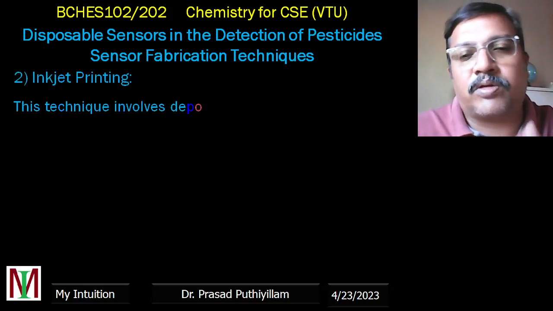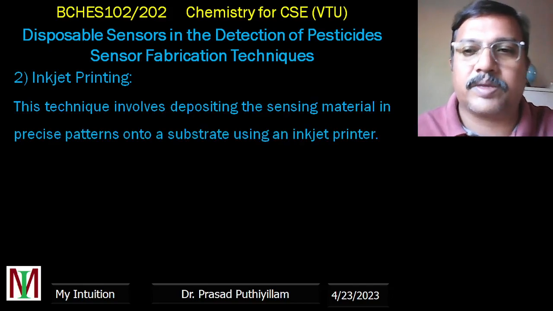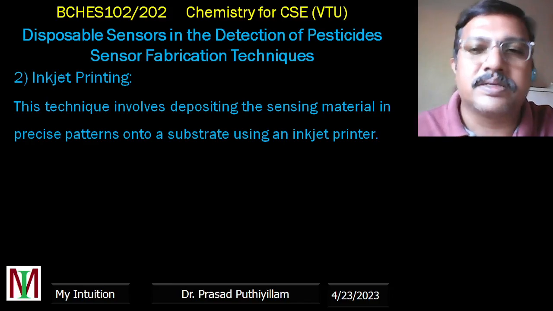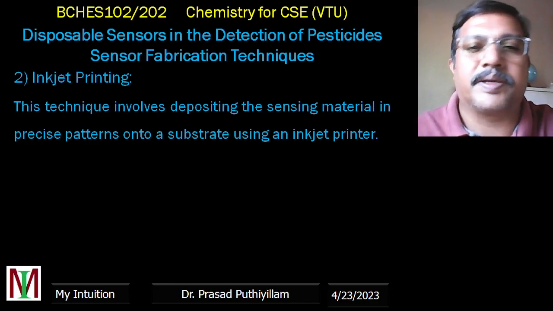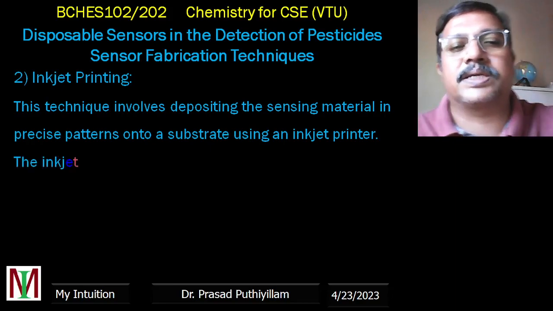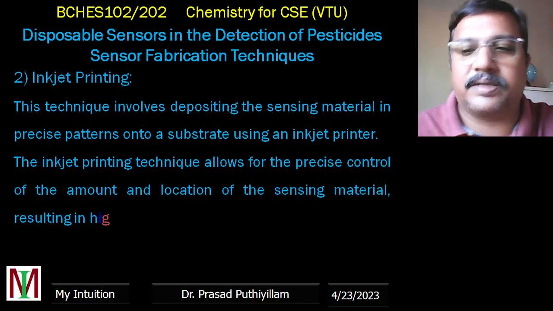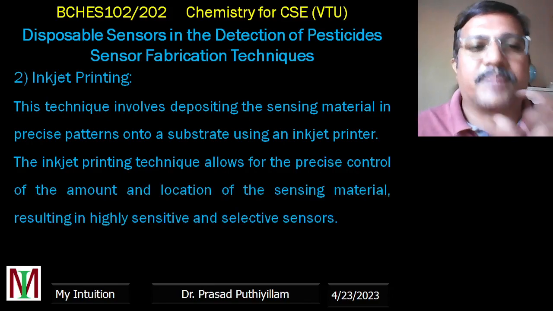Inkjet printing is the normal printing that we use in our press or at home. Same here, the ink is replaced with the material that we want. The sensing element is used as the ink, and the same inkjet printing technique is used to prepare the sensor.